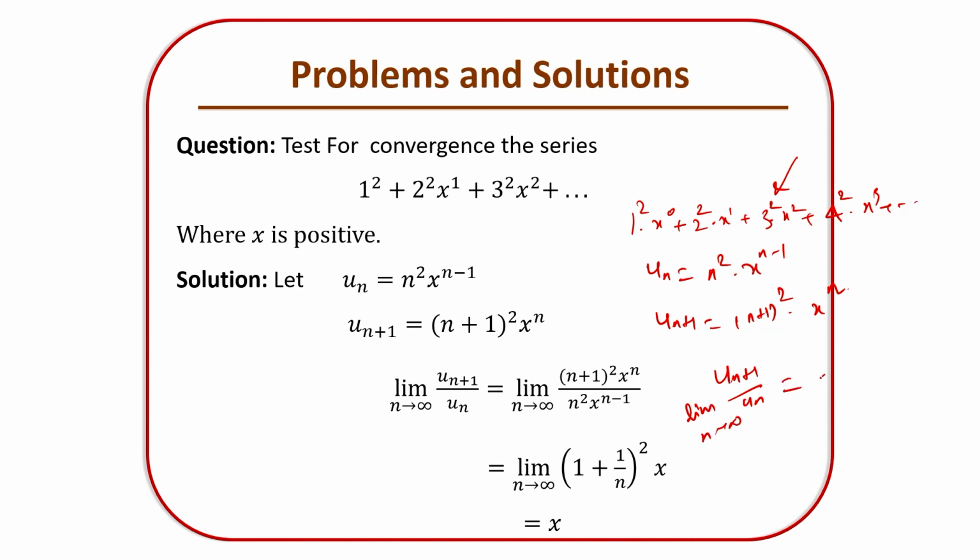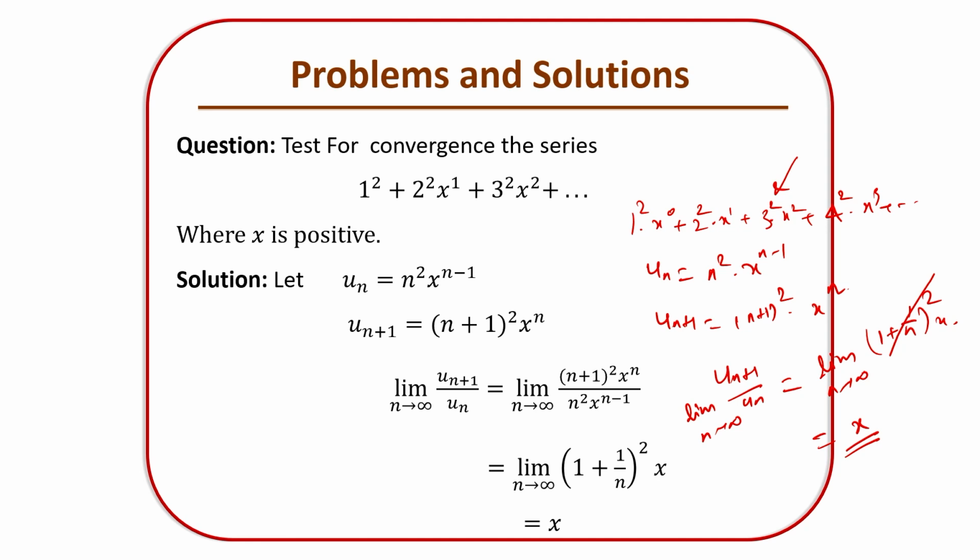Calculate this. This will come out to be limit n tends to infinity, and see here x^n and x^(n-1) cancel out. So it will be coming out (1 plus 1 by n) whole square into x, and that is going to be 1. So this is going to be x, right?